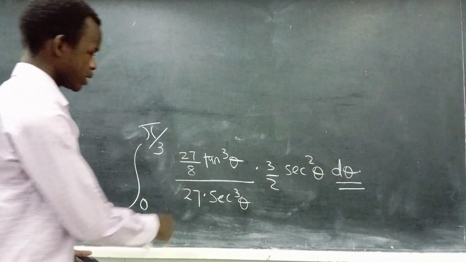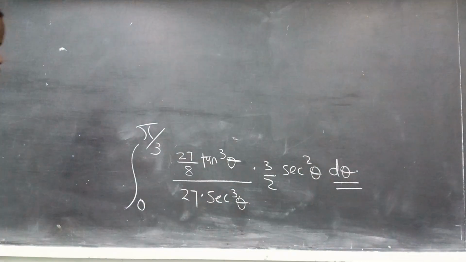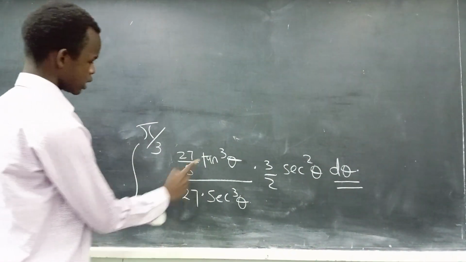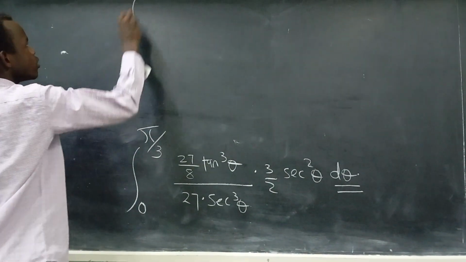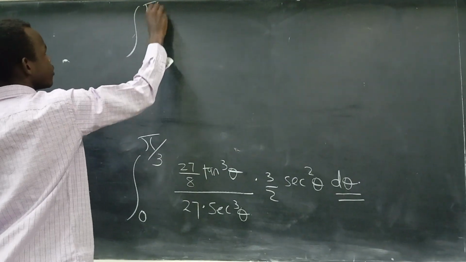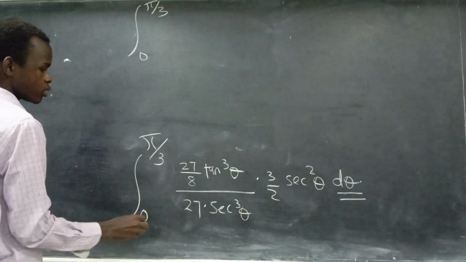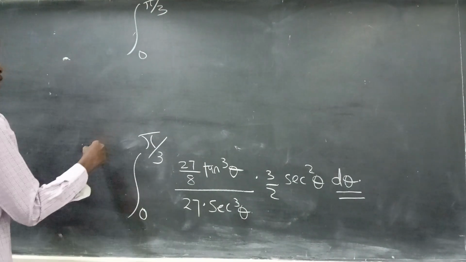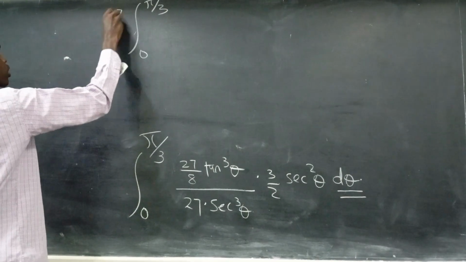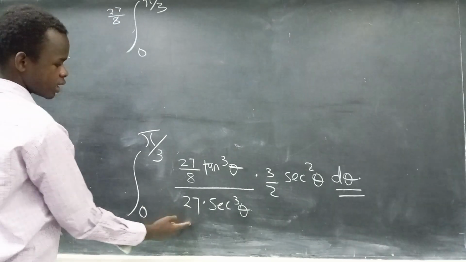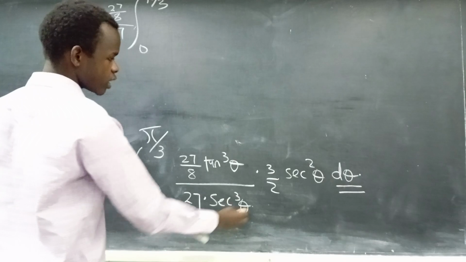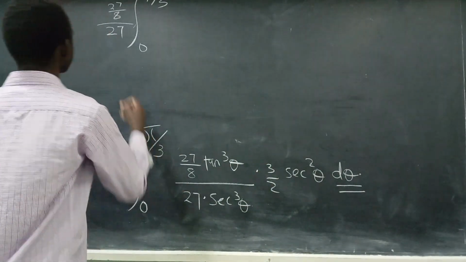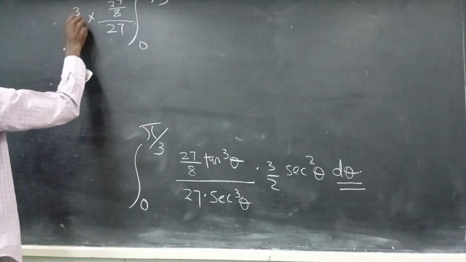So let's eliminate our parts here, as you can see. So let's eliminate the constant terms outside. So we get the integral from pi over 3 to 0. 27 over 8, take it outside, so it will be 27 over 8 divided by 27 over 8, okay? 27 over 8 multiplied by 3 over 2, multiplied by 3 over 2.